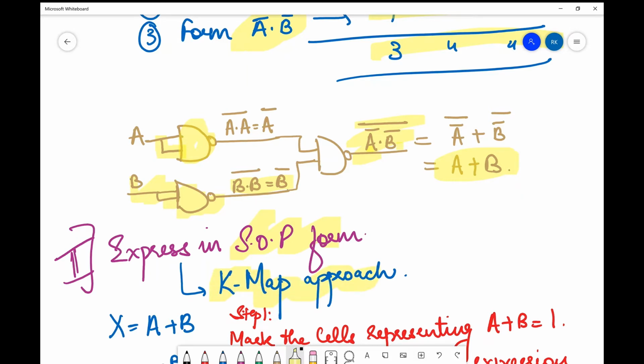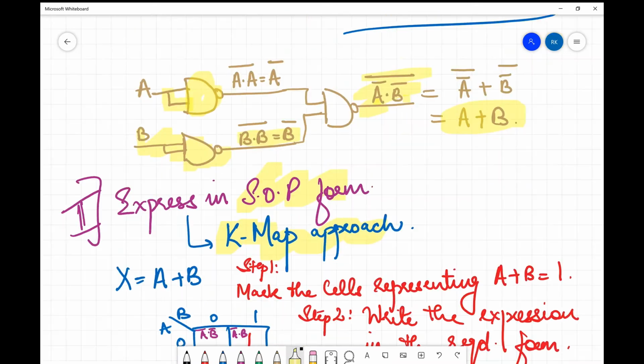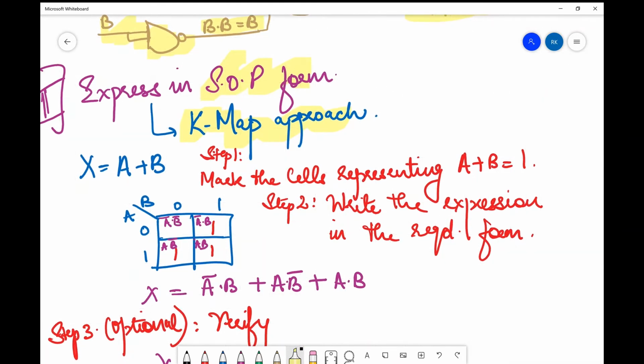First, obviously, I write the expression: x equals a plus b. Then step 1 is to mark the cells representing a plus b equals 1, wherever this logical expression is true.